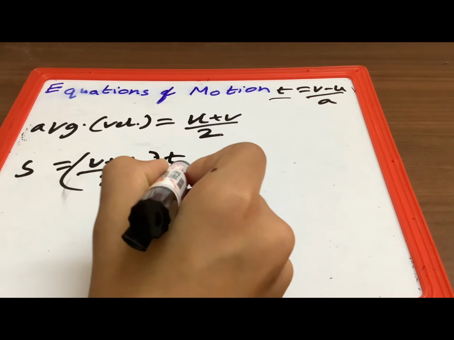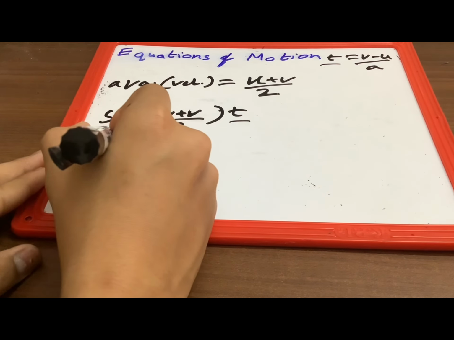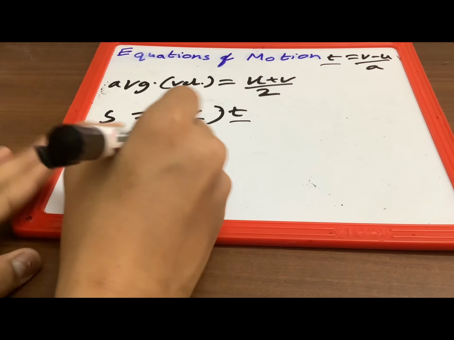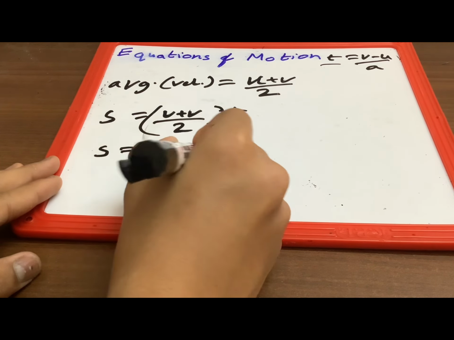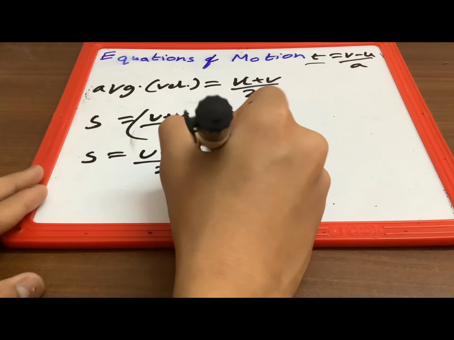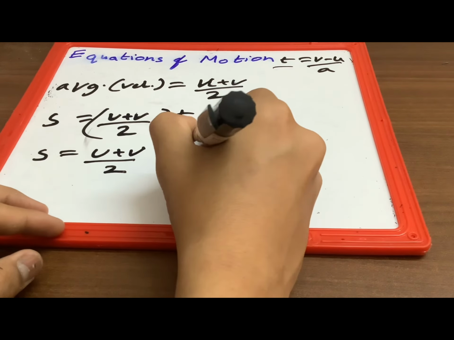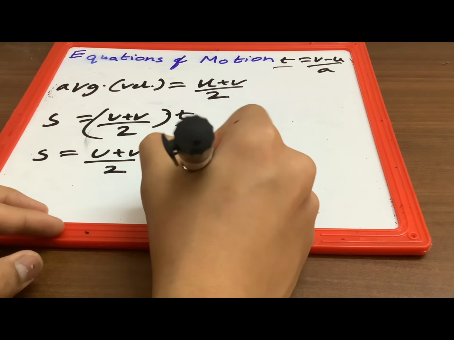Substituting time from here, we get displacement equal to u plus v over 2 into v minus u over a.